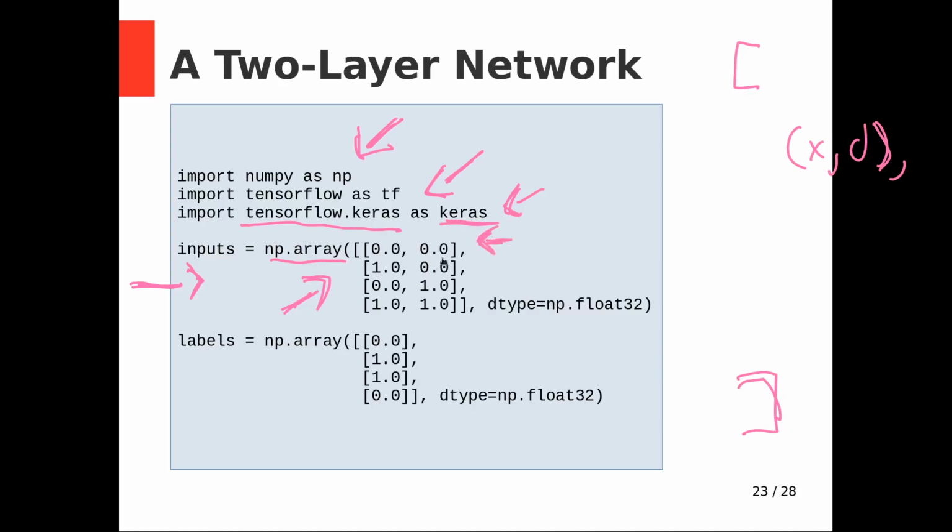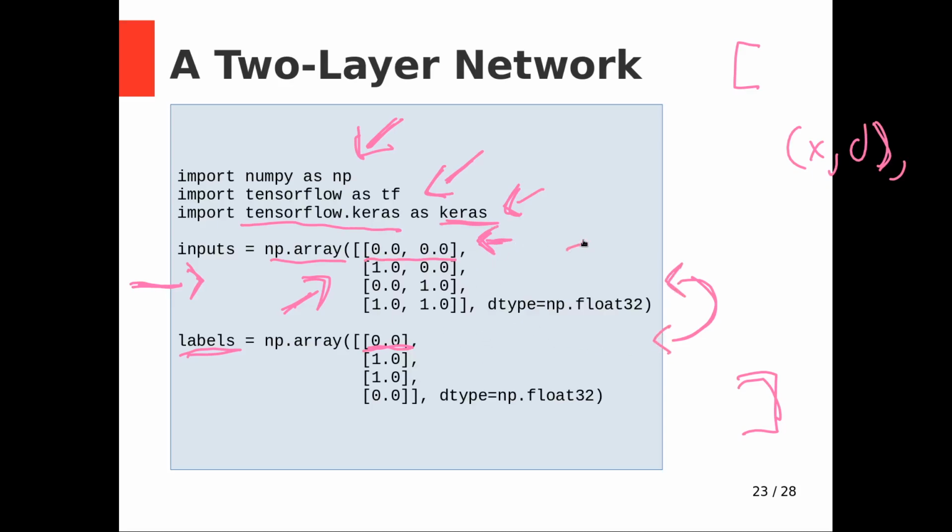In Keras, each input is a row. And then I'm going to package my labels in another array where each label is a row.